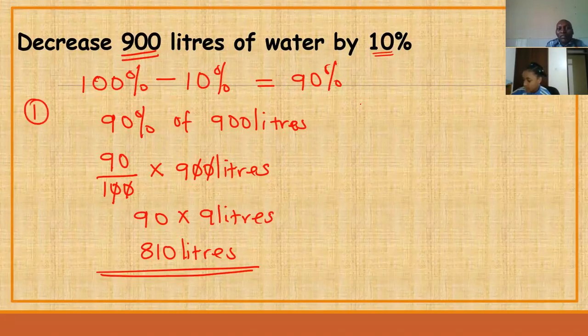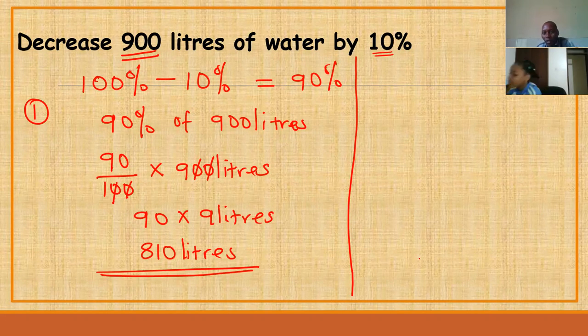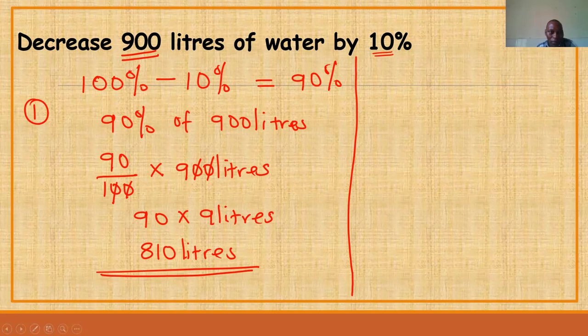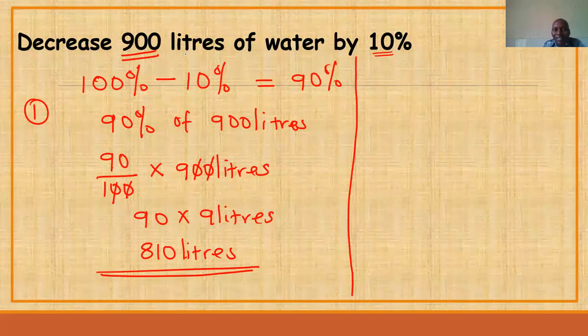But I can also revise the second method, which I used last time. Let me change this one a little bit and we see the second method. Under the second method, I said if we are given this one as 900 liters, we shall simply say, what is 10% of 900 liters?